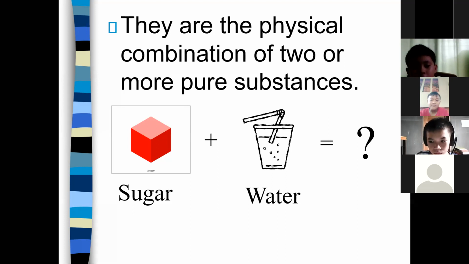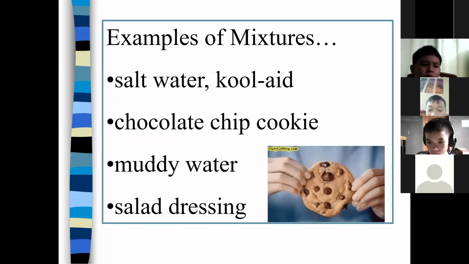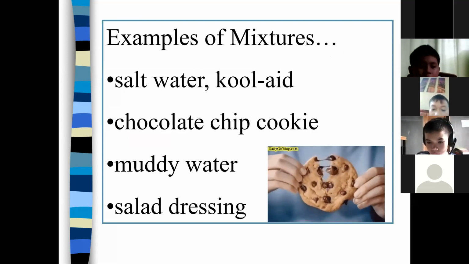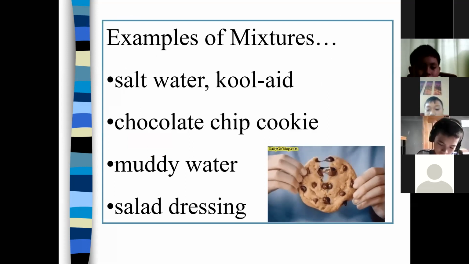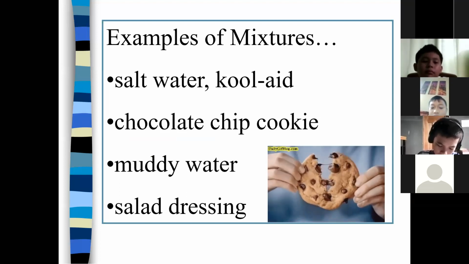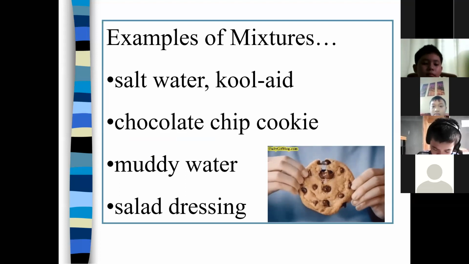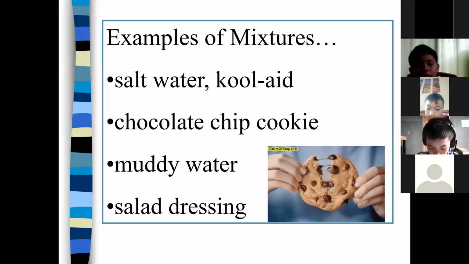So other examples of a mixture: salt water, a combination of water and salt; Kool-Aid, a combination of sugar and the other chemicals present in the Kool-Aid; chocolate chip cookies; muddy water; salad, or a while ago I mentioned fruit salad; salad dressing.